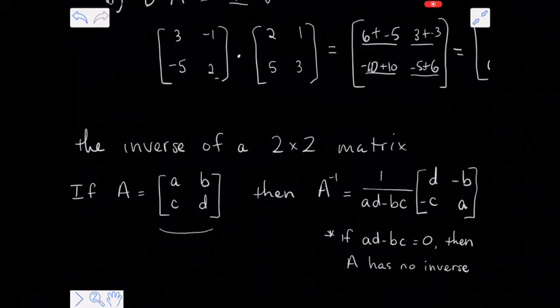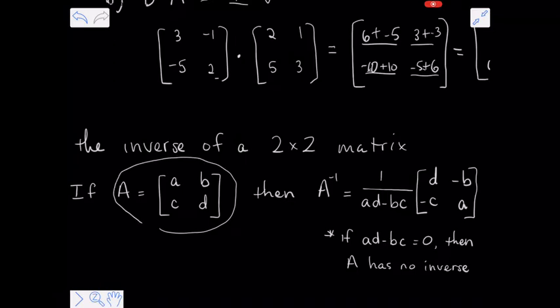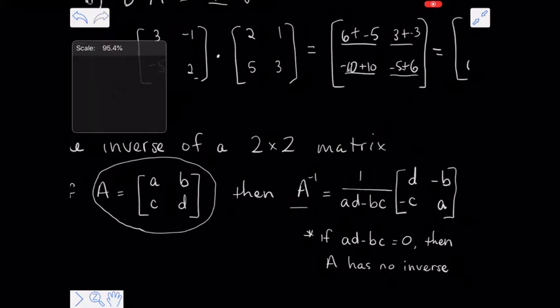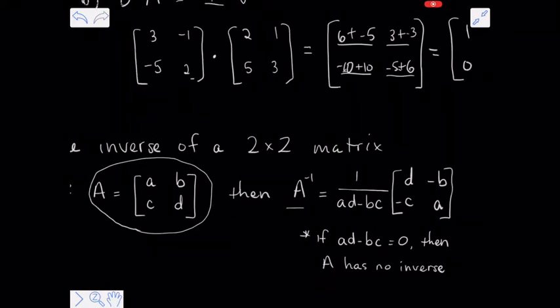So given any 2 by 2 matrix here, the inverse, and this is the notation right here for inverse, that little exponent of negative 1, that means the inverse of A. So given A, then the inverse of A here, we've got a little formula that you're going to need to remember.